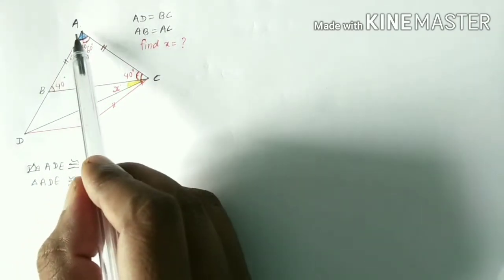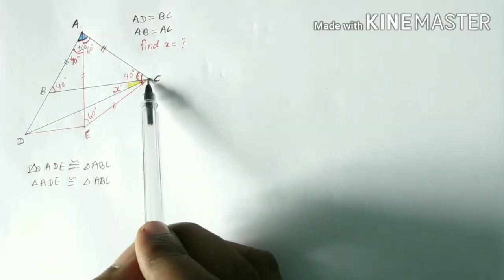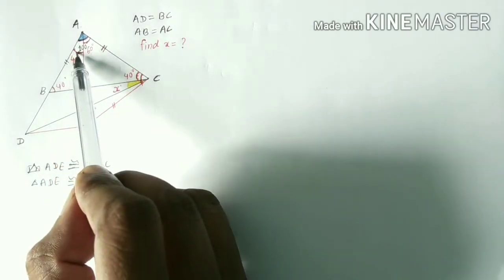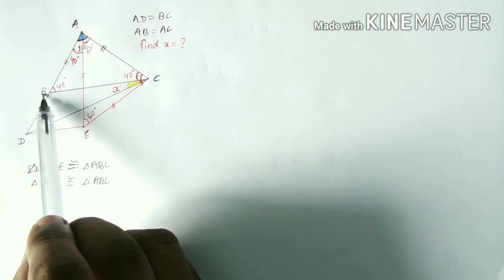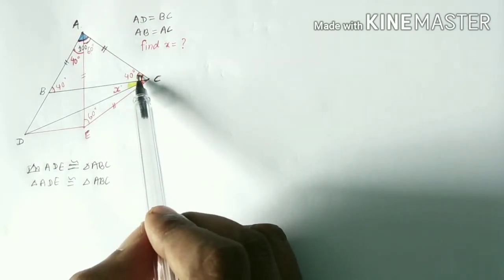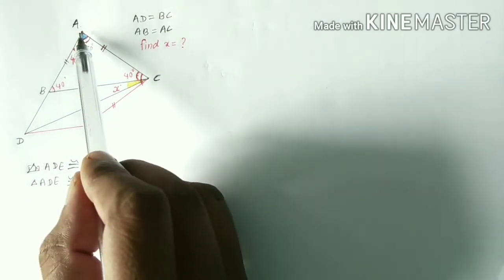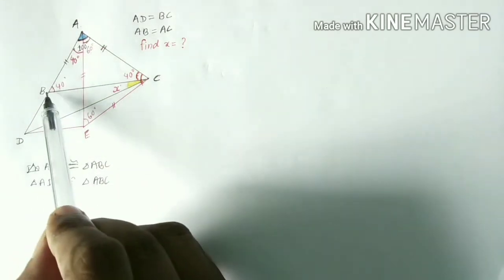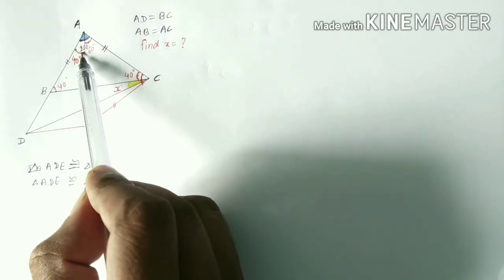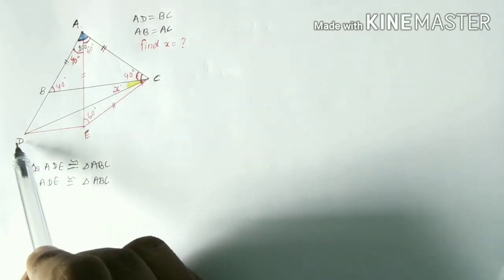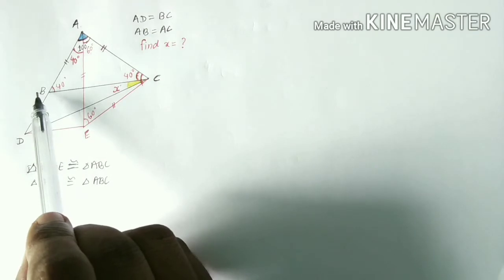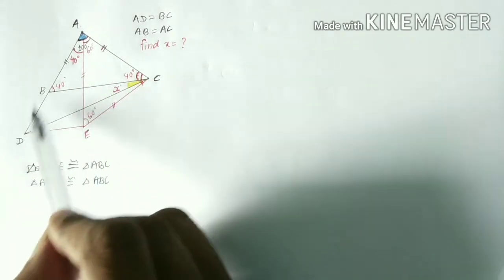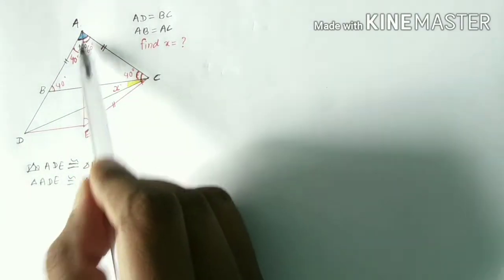In these 2 triangles, the side AD is equal to the side BC in the other triangle, the angle DAE is equal to the angle BCA in the other triangle, and the side AE is equal to the side AC.